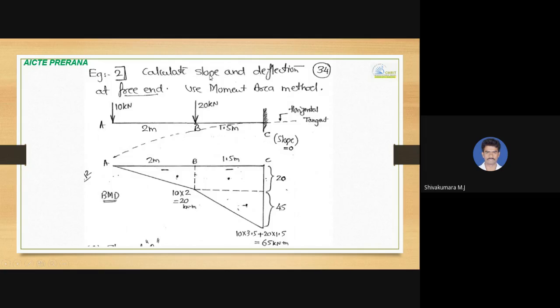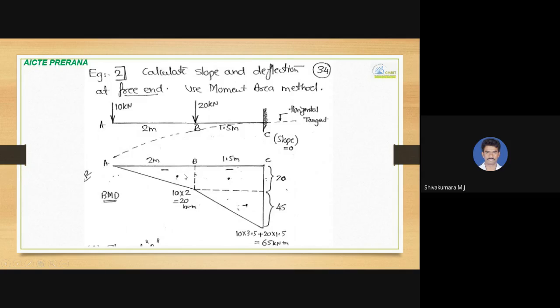And the question is to calculate the slope and deflection at the free end by using the moment area method. So slope is 0 at C, and we need to determine slope at A. So area between these two. Totally we can divide this bending moment diagram into 3 segments: triangle, rectangle, and triangle.